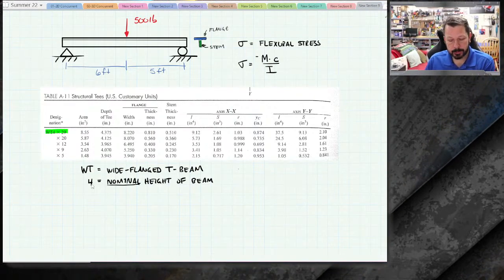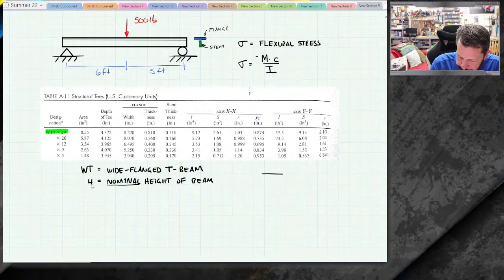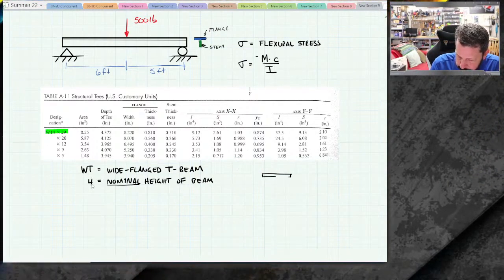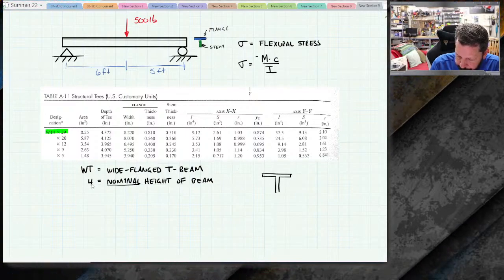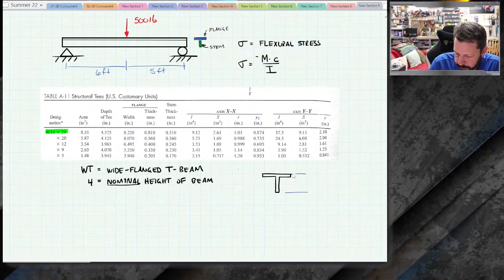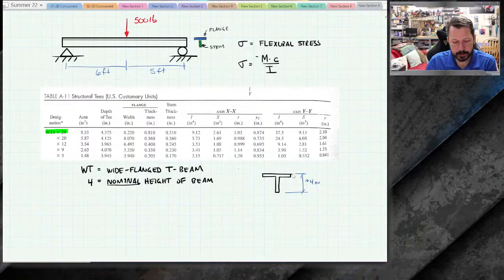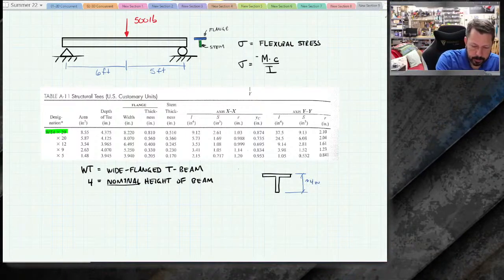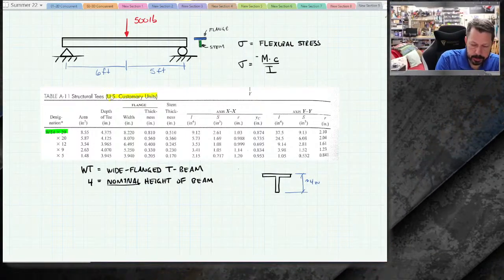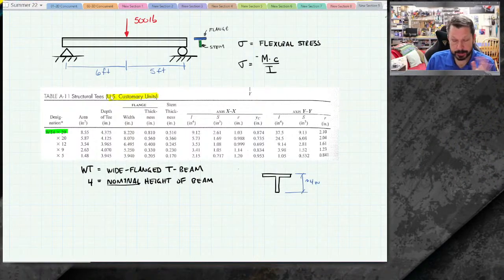If you want the exact measurement, you have to look in the chart further. But what this means is that if our beam is a T with wide flanges, then it is approximately, and the units for this particular chart are US customary units, 4 inches. So it's approximately a little 4-inch tall beam. So it's not a very big beam.